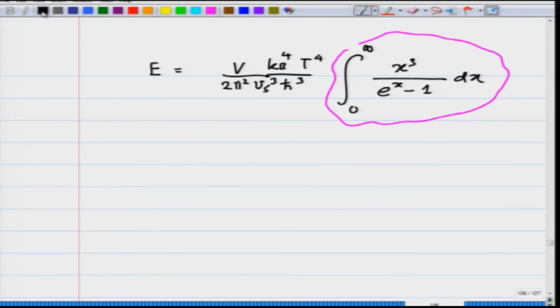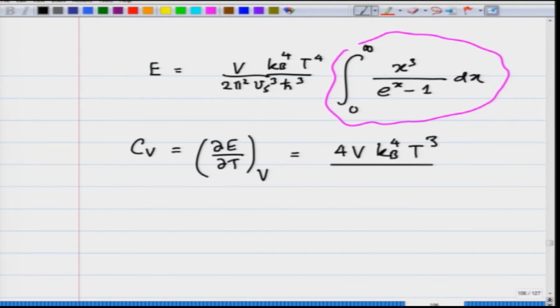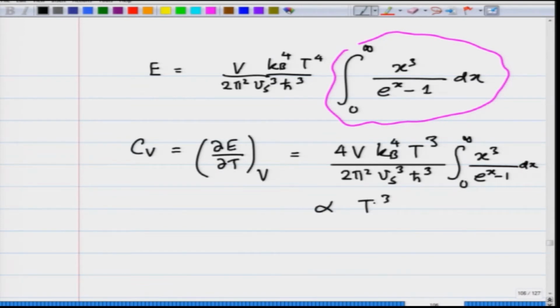So, if I take C v, which is dE by dT at constant volume, it comes out to be 4 V k b raised to 4 T cubed over 2 pi square v s cubed h cross cubed integral 0 to infinity x cubed over e raised to x minus 1 dx. So, it is proportional to T cubed. How small is this temperature?